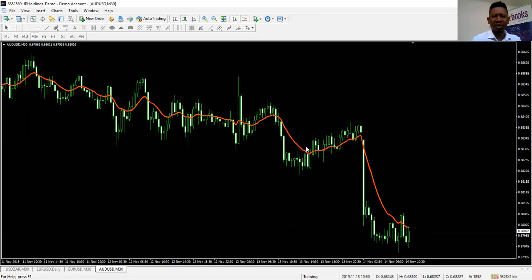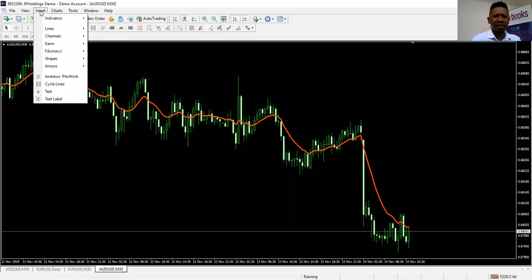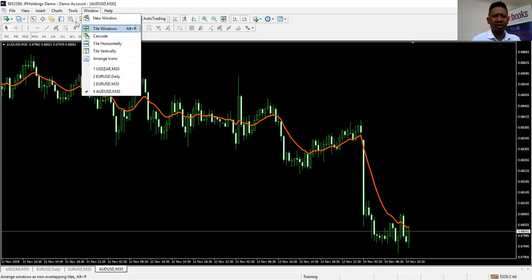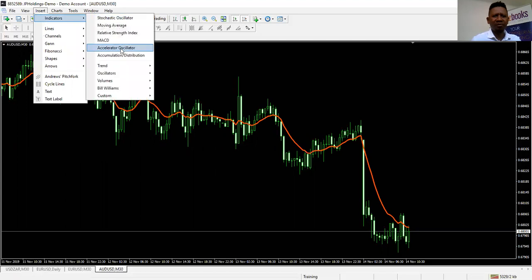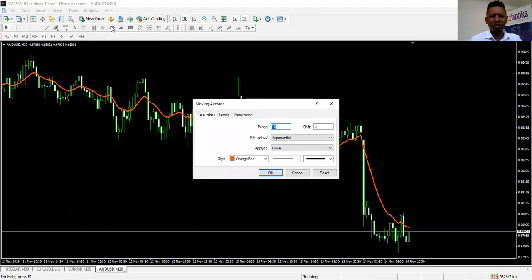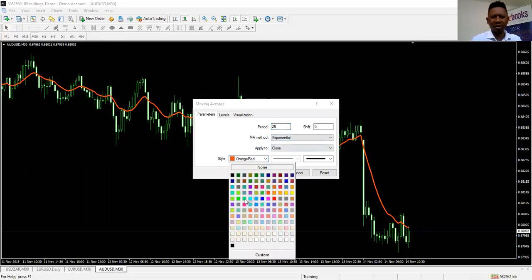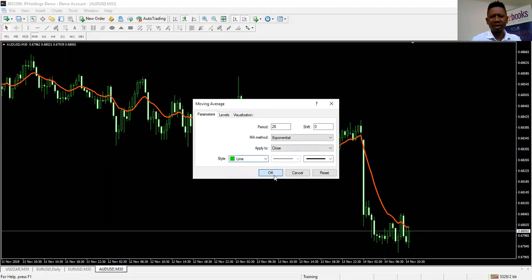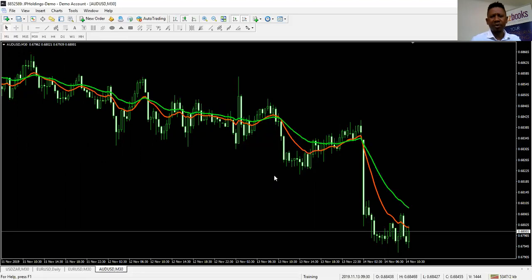Now there is our moving average 12. You insert another moving average, and this time it's going to be moving average 26 exponential, applied to close. Then you choose a different, bright color. I've chosen lime. There we go.